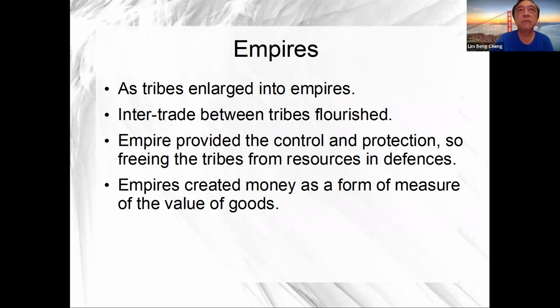If you have plenty of trade, then you have plenty of goods, and it becomes confusing how you price the goods and how you trade them. Because if you say one pig equals 10 chickens, then how big is your pig? And how big is your chicken? So it becomes difficult to calculate.